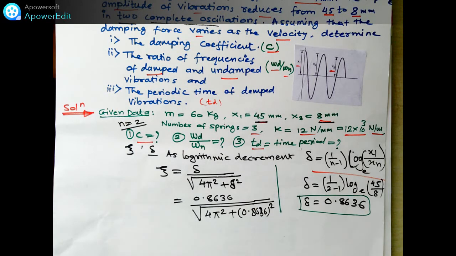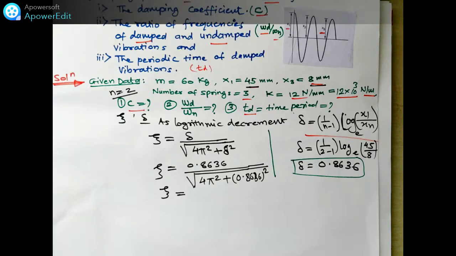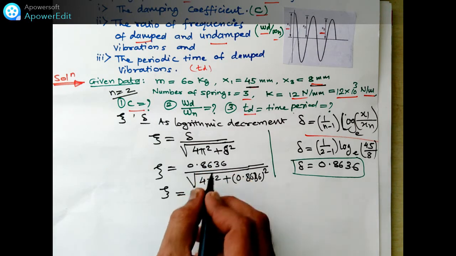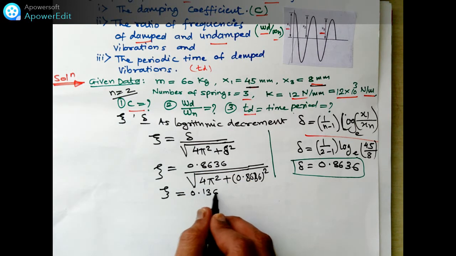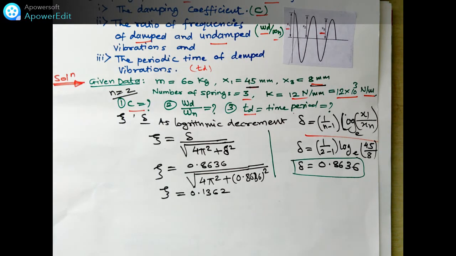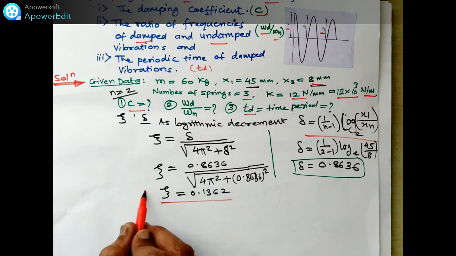So just extend the line. This value of zeta becomes 0.1362. Correct? This is your value.